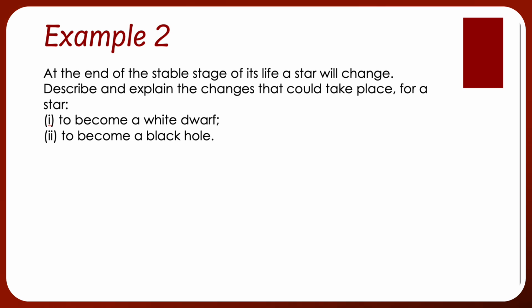Example 2. At the end of the stable stage of its life, a star will change. Describe and explain the changes that could take place for a star in order to become a white dwarf or become a black hole. So first of all, I want to point out this stable stage implies a main sequence star.